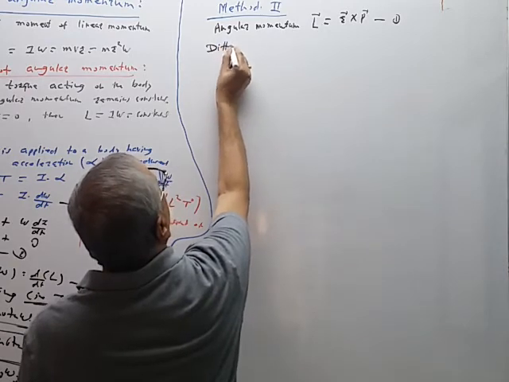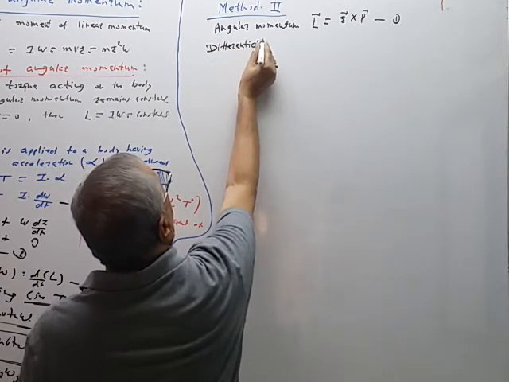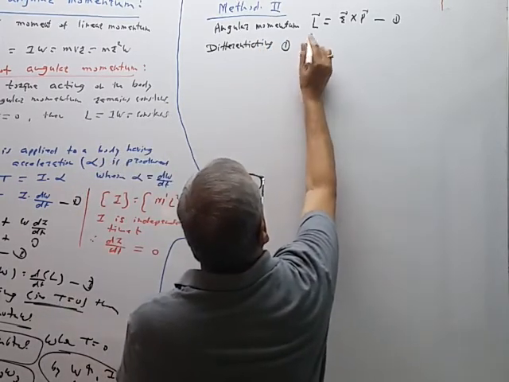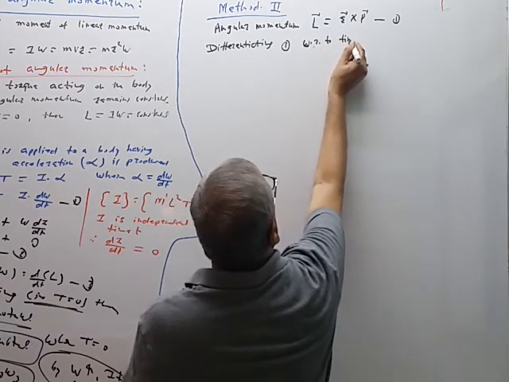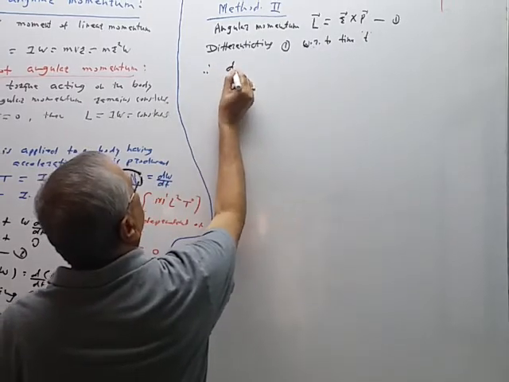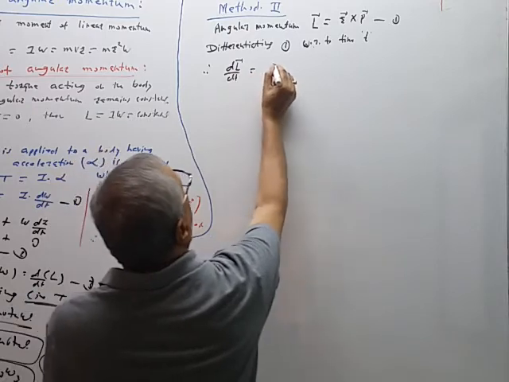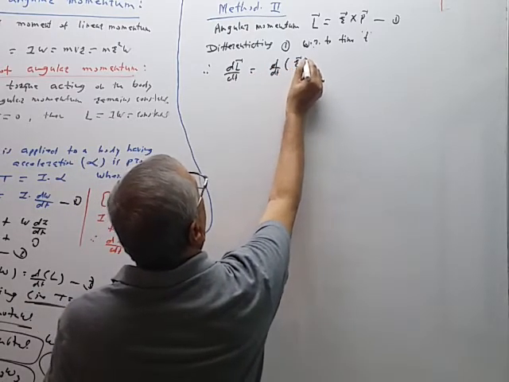Differentiating equation 1 with respect to time t, therefore dL by dt is equal to d by dt of r cross p.